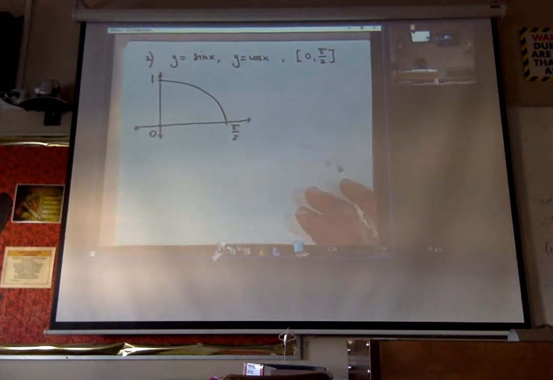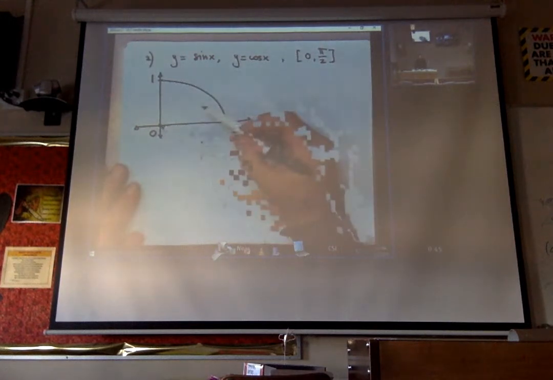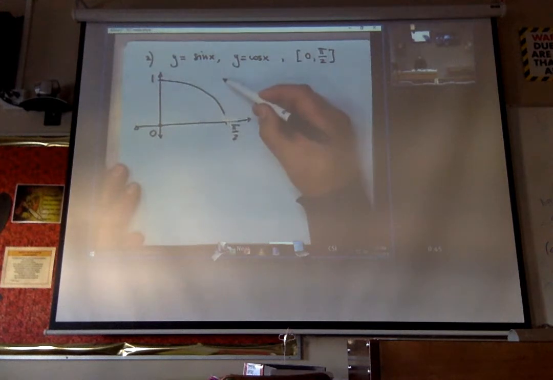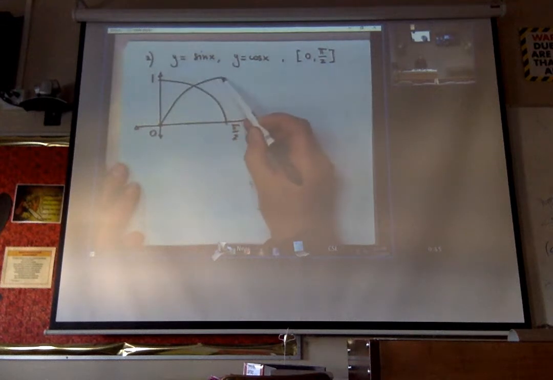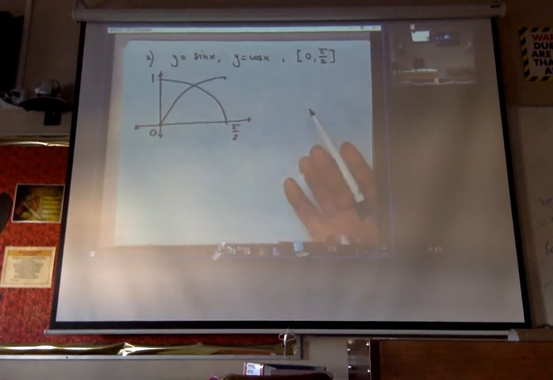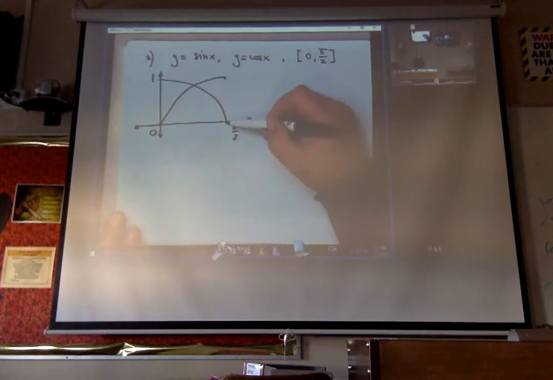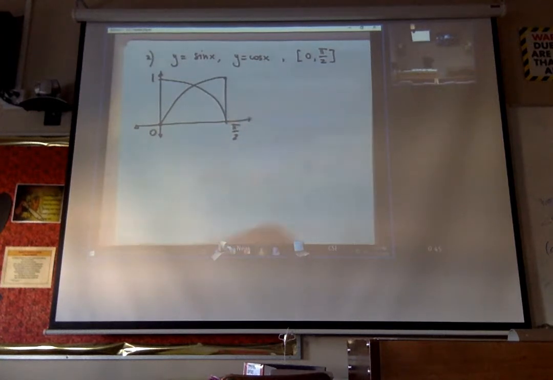Then I'm going to graph what? Sine, right? So sine at 0 is 0, and at pi over 2 is what? 1, right? So my function kind of goes like this. So that will be my sine. And we have pi over 2, so I can put the line here. Now, we don't have it really, but I'm just putting the limit to my interval.